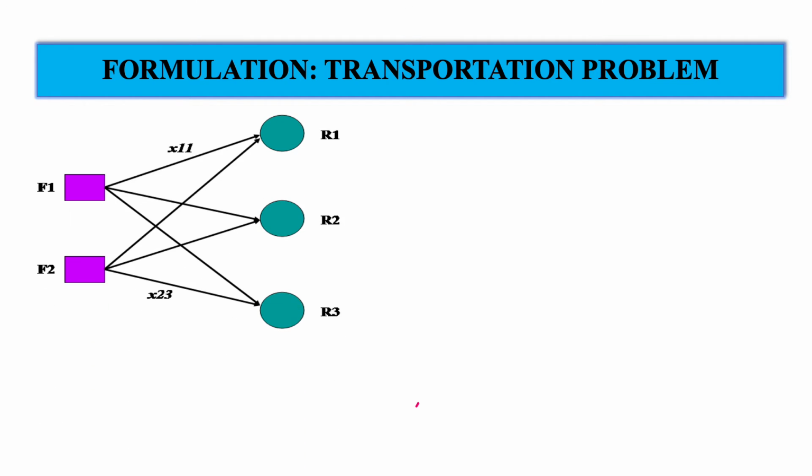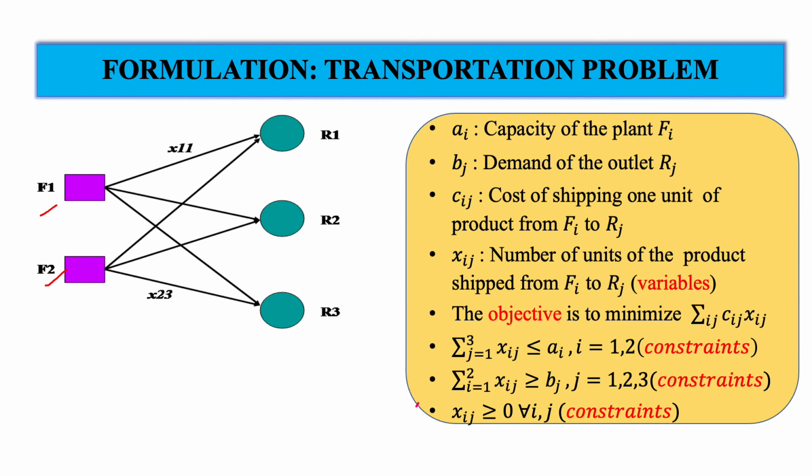So next is your transportation problem. It can also be easily formulated. Suppose let us consider the case of two fertilizer plants F1 and F2 having weekly capacity of producing A1 and A2 units of fertilizers.